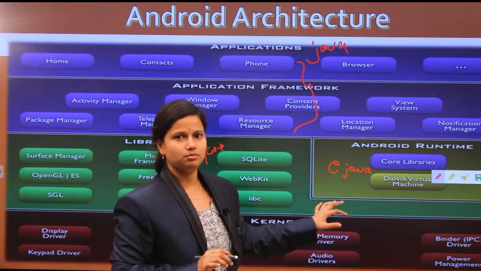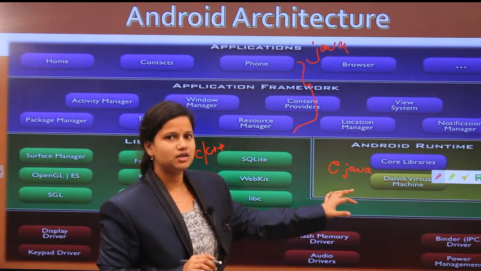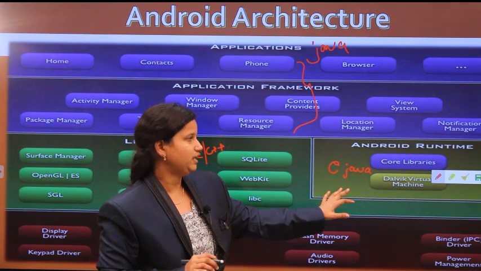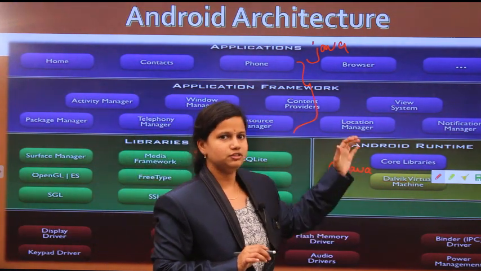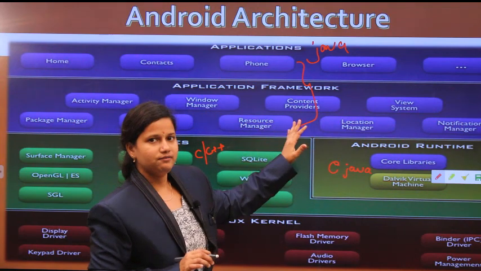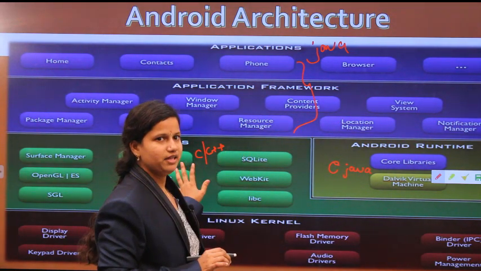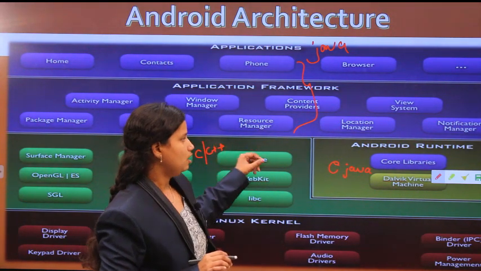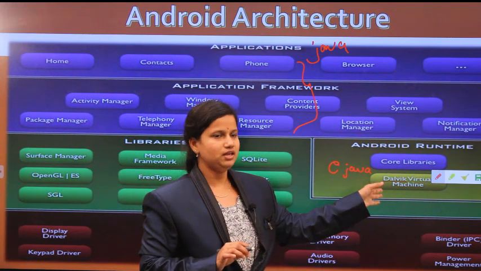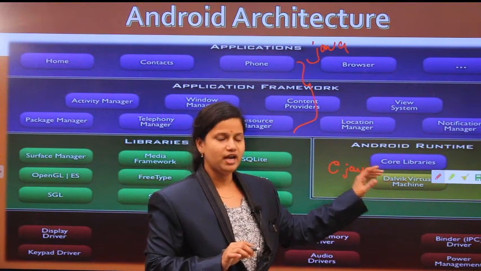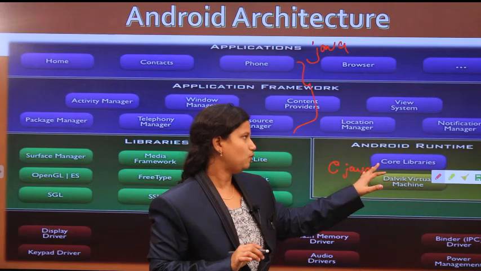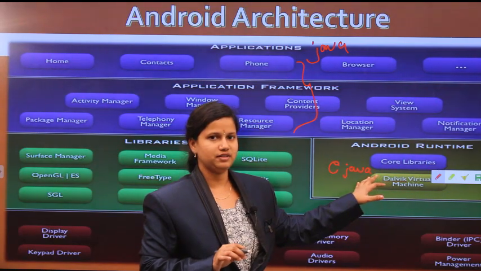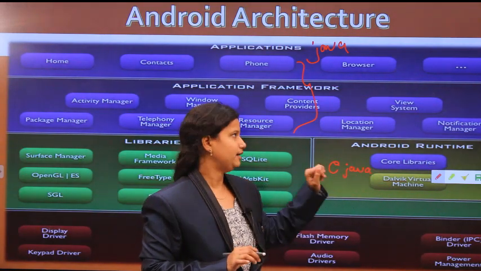These two are for the execution or compiling of the code you have written in Java. After that you add C or C++ libraries. These are compiled by using the Dalvik virtual machine. And the core libraries are also presented in the Android runtime.